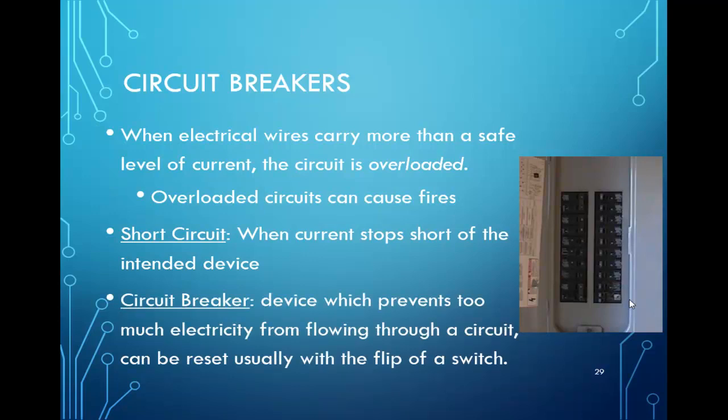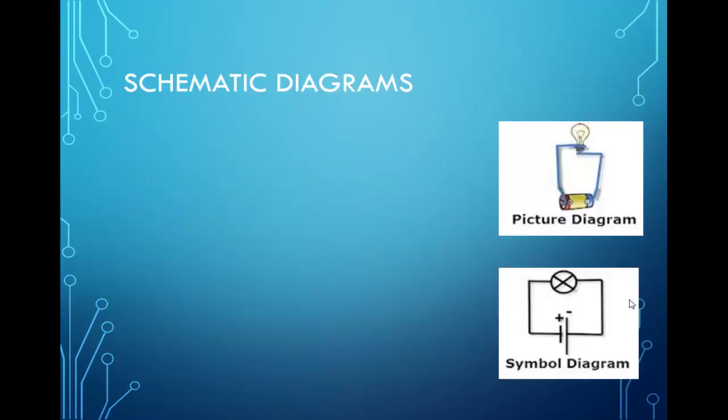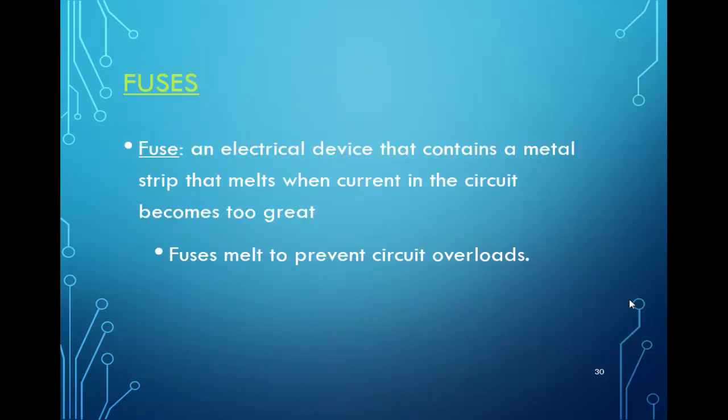A circuit breaker is a device which prevents too much electricity from flowing through a circuit. Fuses are electrical devices that contain a metal strip that melts when the current in the circuit becomes too great. Fuses melt to prevent circuit overloads.